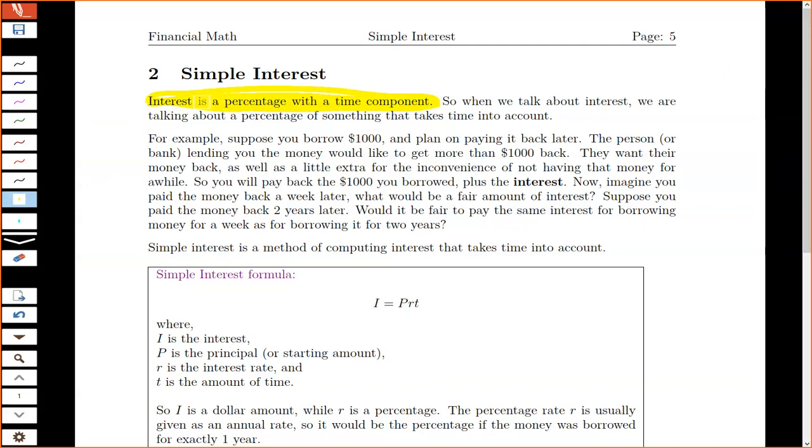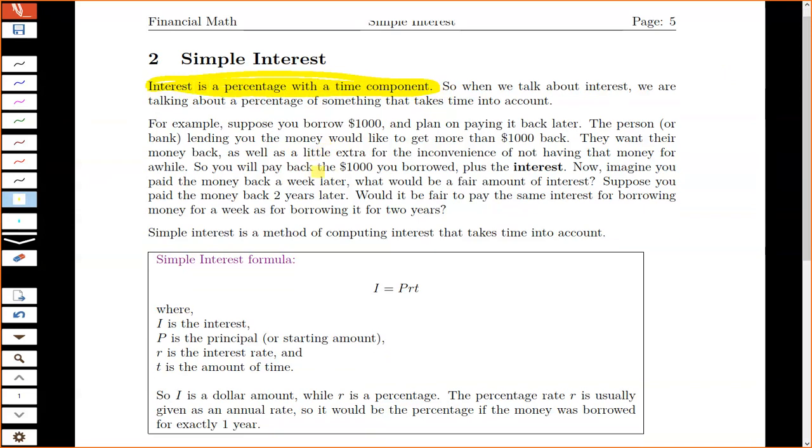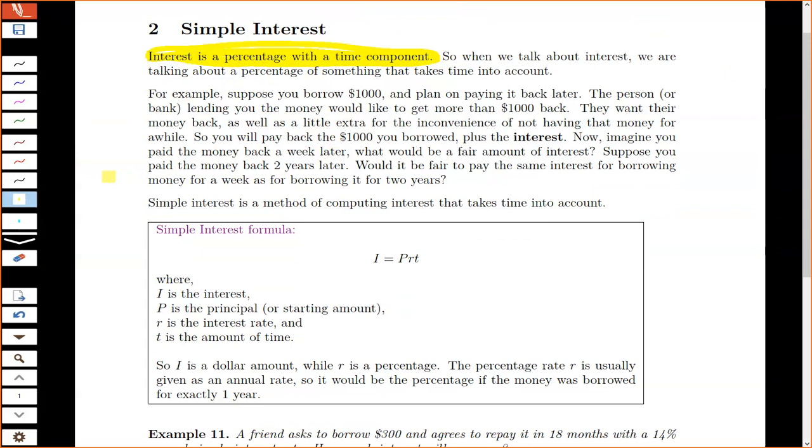Okay, so when we look at interest, we want to figure out how much interest we're going to charge.